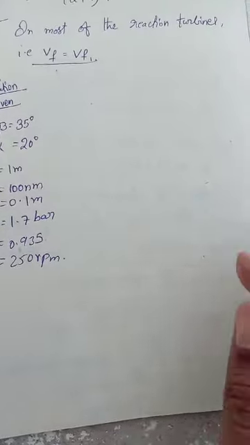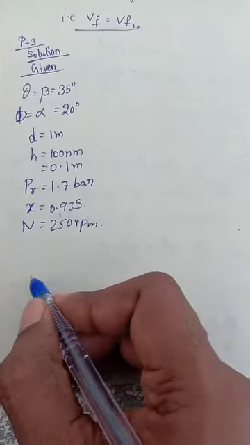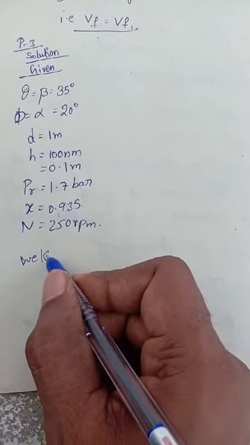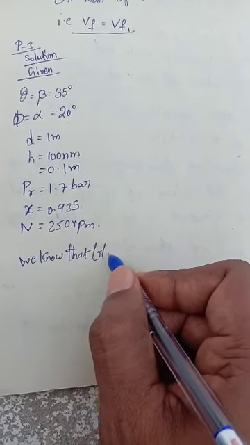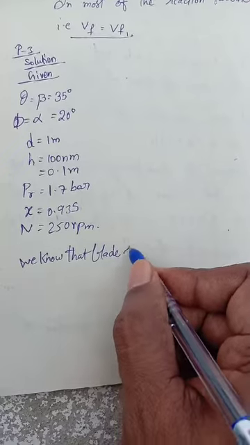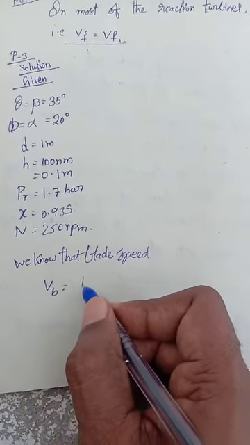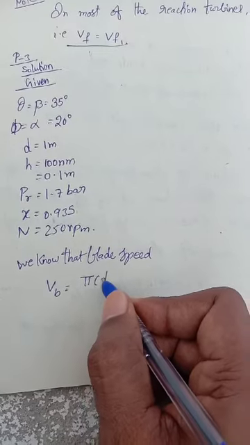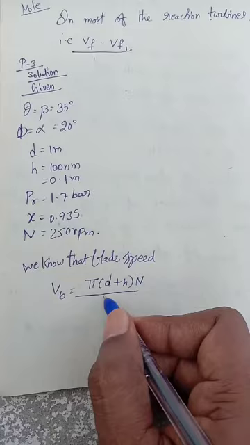Okay, now we are going to draw the combined velocity diagram. Before going there, we know that the blade speed VB is pi into (D plus H) into N divided by 60.